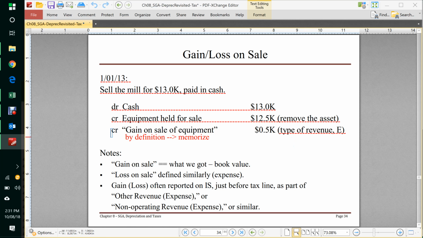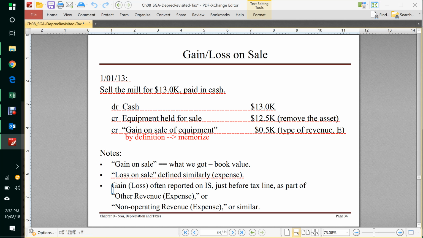Okay, when we sell PPE for more than the estimated salvage value, we call that amount gain on sale. And what would you expect if we could only sell it for 12,000? We would call that loss on sale, and that would be a type of expense.